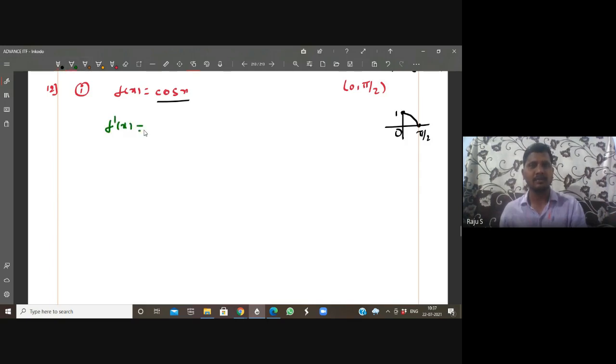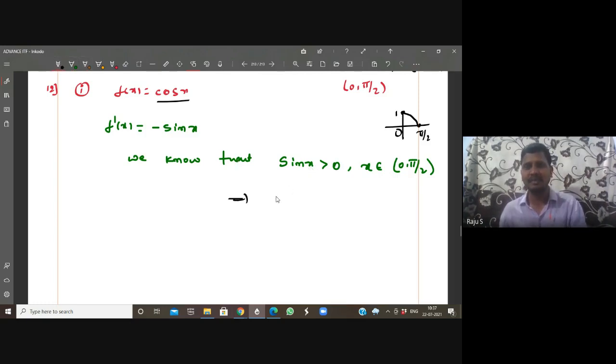Same, f dash of x is minus sin x. What about f dash of x? Is it greater than 0 or lesser than 0? First, we know that sin x is greater than 0, x belongs to 0 to pi by 2. Am I right, students? In the first quadrant, sin is greater than 0. Which implies when sin x is greater than 0, minus sin x is lesser than 0 when I multiply with minus.